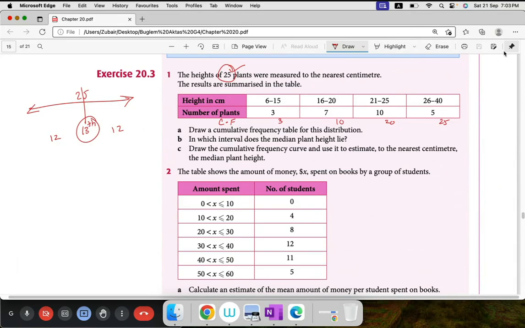Are you saying 13 is the middle value for 25? Yeah, 13 is the mid value for 25. Doesn't 13 plus 13 equal 26?